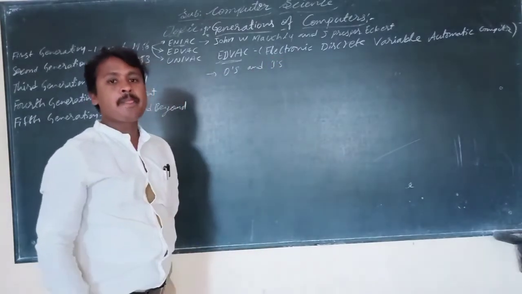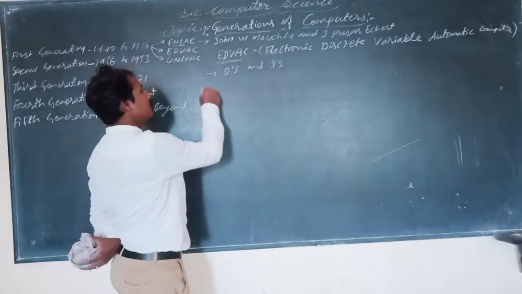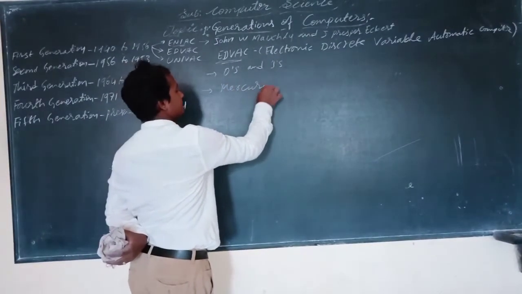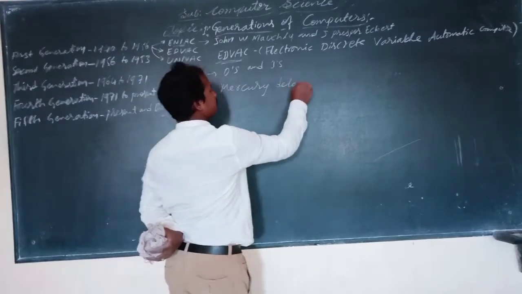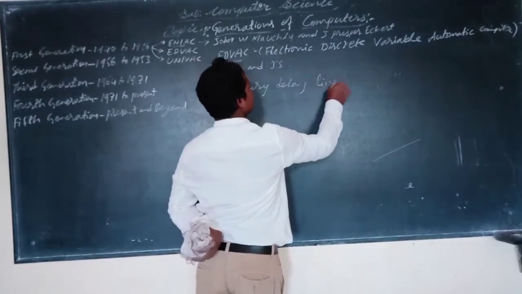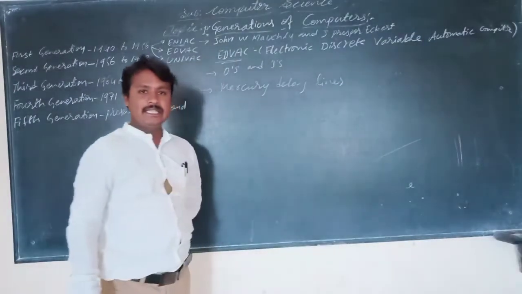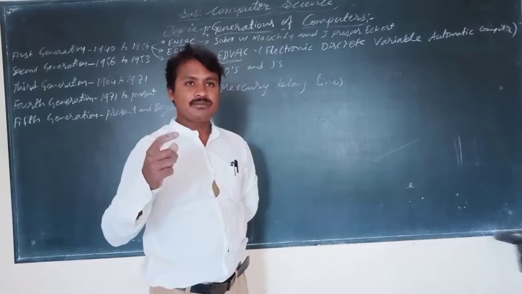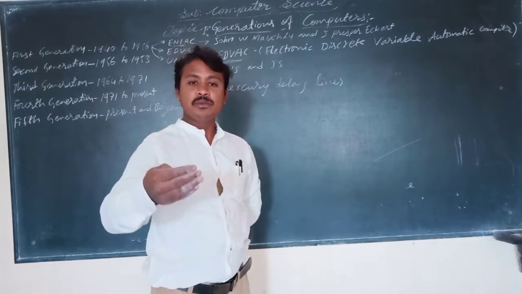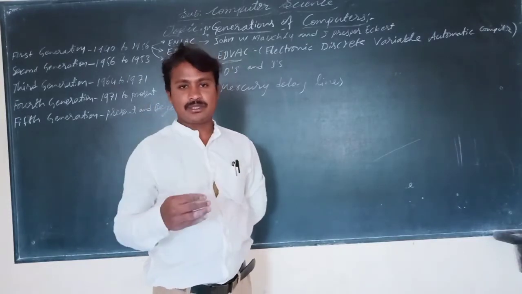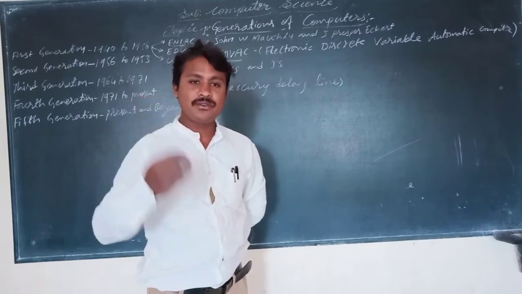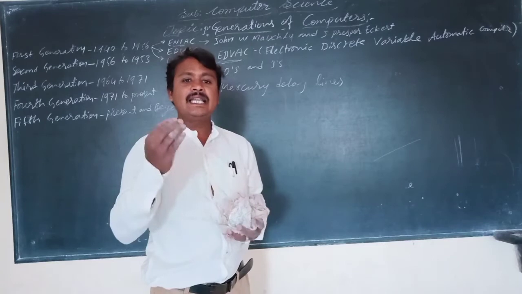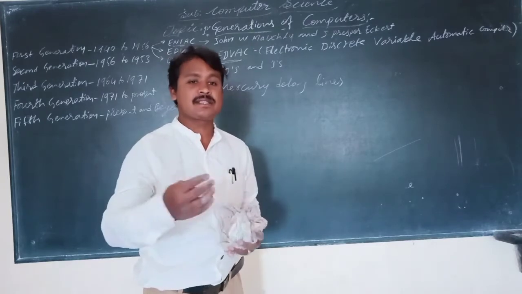Understood, everybody? Here it used mercury delay lines. A tube of mercury, when it moves back and forth, generates electrical signals or pulses.